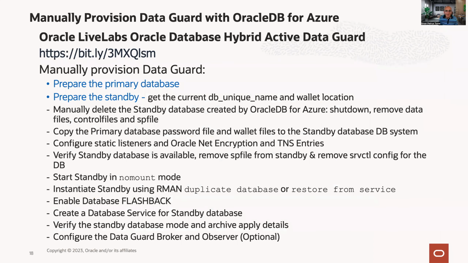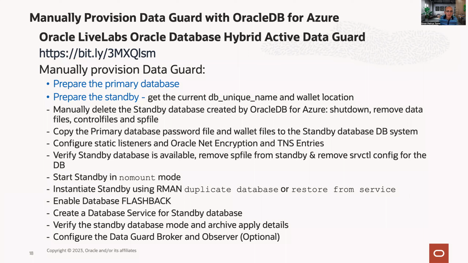And this process is described in the documentation, but also in the Oracle LiveLabs, Oracle Database Hybrid Active Data Guard. You have the link here. Just go to this LiveLab, and it explains in detail, step by step, how to set up Data Guard between databases.